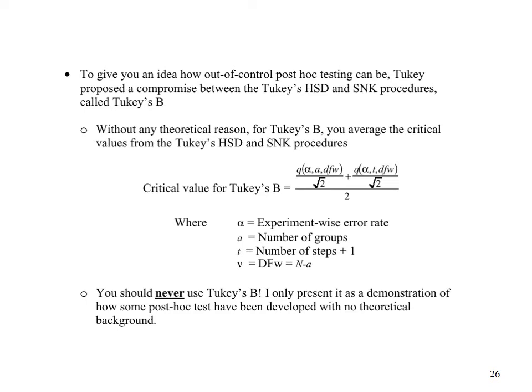To resolve the debate, should I use Tukey or Student-Newman-Keuls, both of which are based on the Q distribution, Tukey's B says, let's not let there be a debate. Let's compute the post hoc under both tests and take the middle. So this slide comes from Karpinski, who says you should never use it, and I concur.